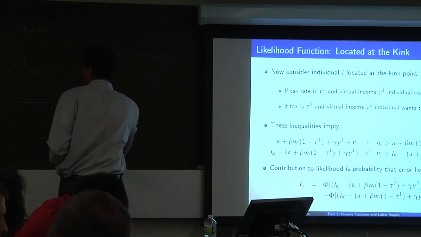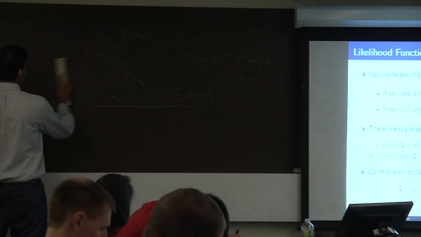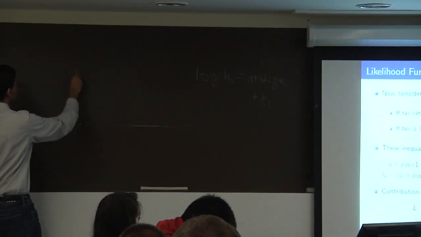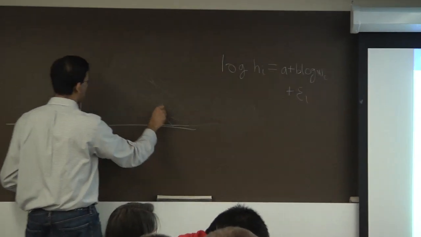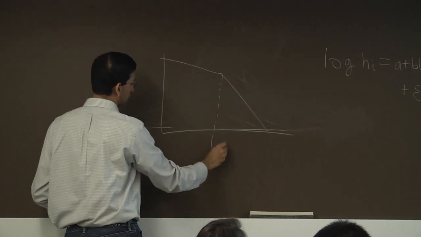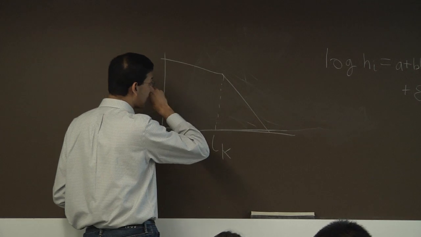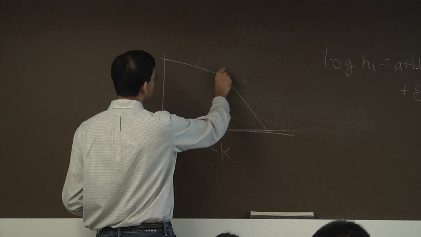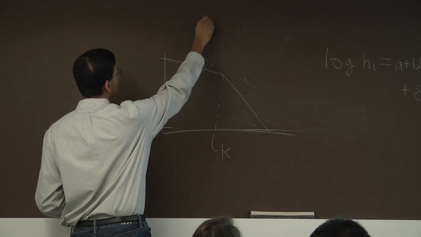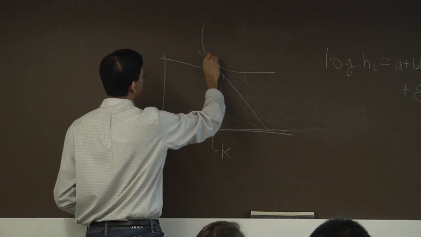So if I just blow this up, the budget set looks like that. That's the kink. These guys, if they're optimizing facing this schedule, like suppose this first bracket continued, they would pick a point that looks like this.